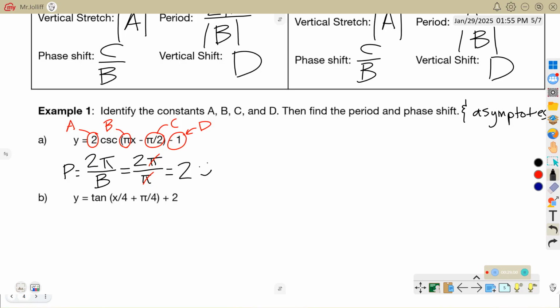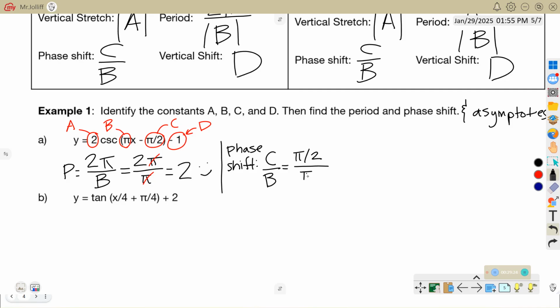Next one. Same idea. We're going to do phase shift. So this is how much I slide side to side. Phase shift is C over B. C is pi over 2.